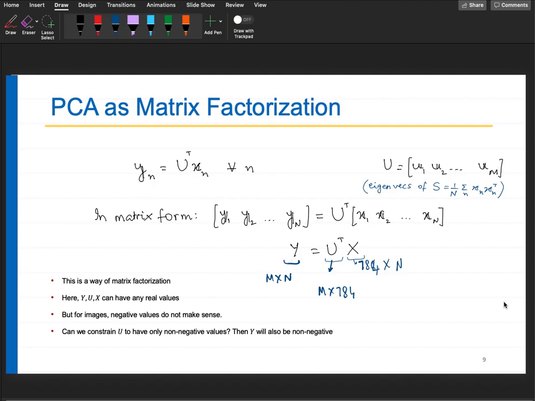Next, there is another technique of matrix factorization which we saw in the last class, which is PCA, principal component analysis. So how can this be interpreted as matrix factorization? Basically you get Y as a combination of U and X. What is U here?